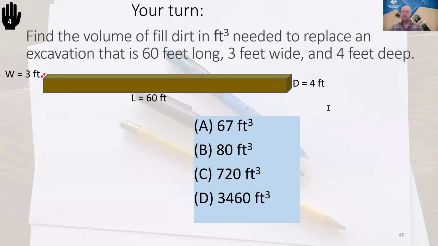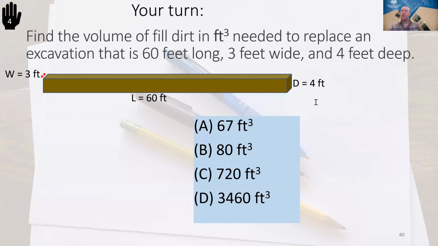I'll give you about another 30 seconds. Okay, I'm going to end this poll in 10 seconds.